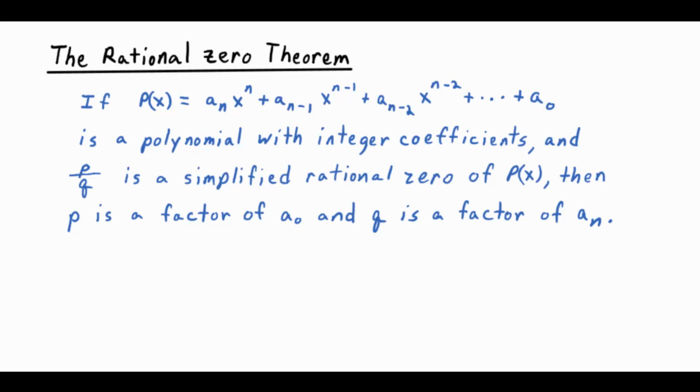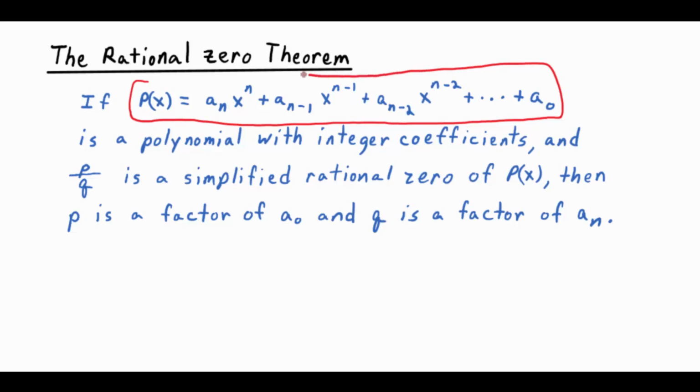So p of x, remember the generic polynomial we invented the other day, the notation for that? So p of x is a polynomial of degree n, and you could specify that using the subscripts on the coefficients: a_n x^n + a_(n-1) x^(n-1) + dot, dot, dot, all the way till you get to the constant term. Okay, so what's the lead coefficient here? I need to make sure you understand what the lead coefficient here is before I read the zero theorem to you.